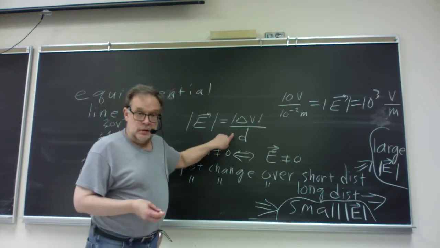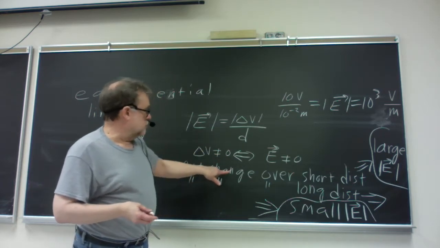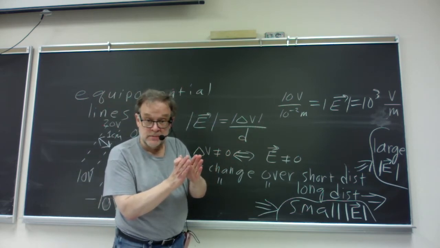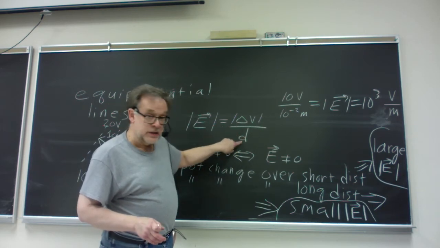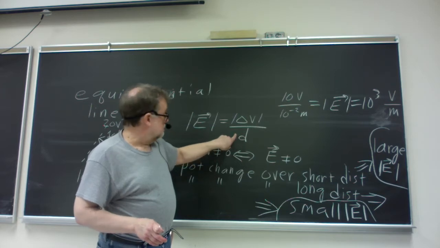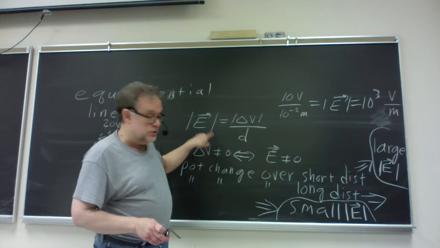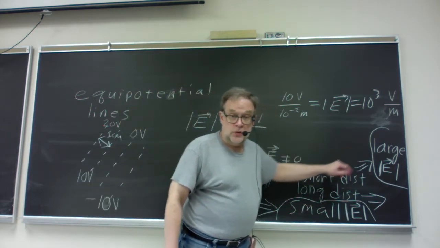Now think about this in a little more detail. If we get a certain amount of potential change over a really, really short distance, then the potential change is over a small value of d, the denominator is small, so the fraction is big, so this is large. Large, strong electric field.